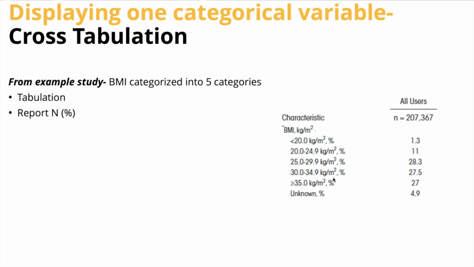In this cross tabulation, we can see that 1.3% falls into this BMI category, 11% falls into the 20 to 24.9 category, and so on. You don't always have to report the N, because you can calculate the N based on the percent if you have the overall study cohort. So that's a cross tabulation.